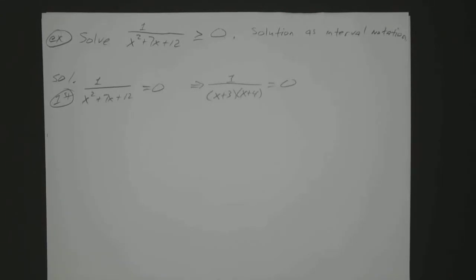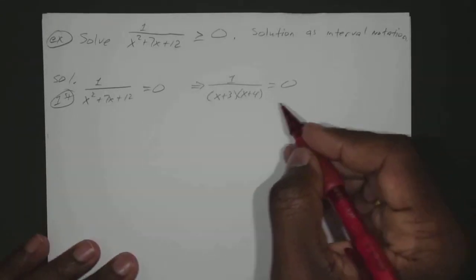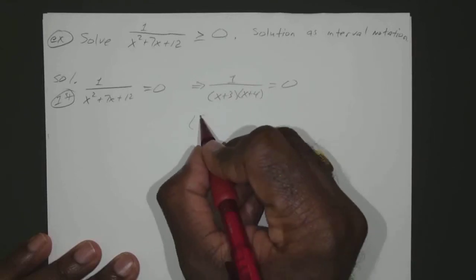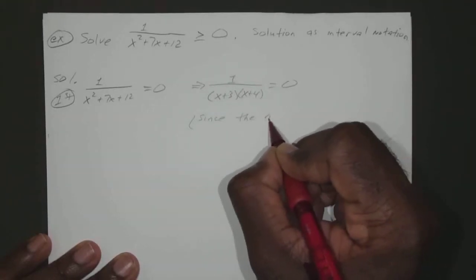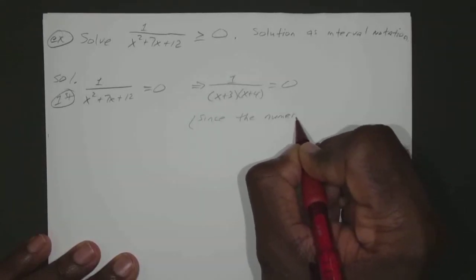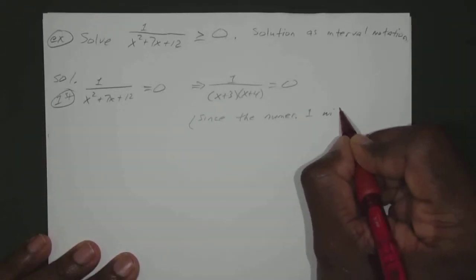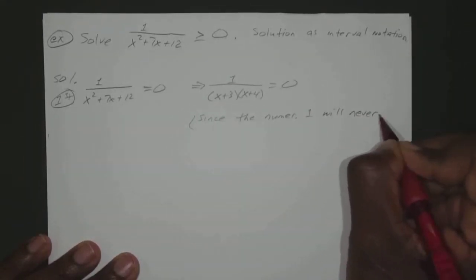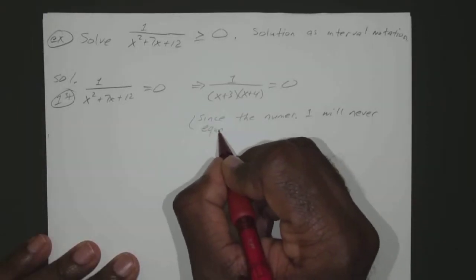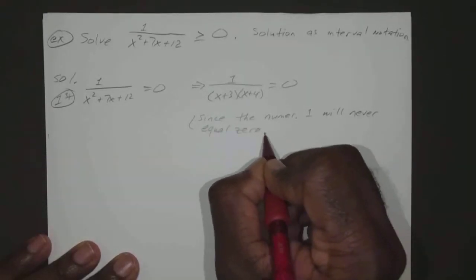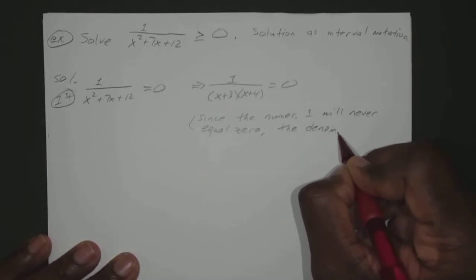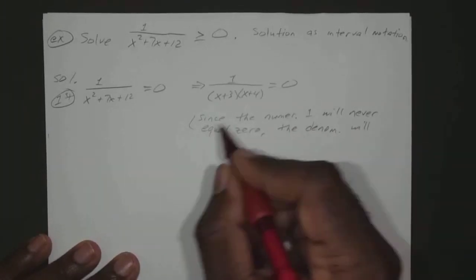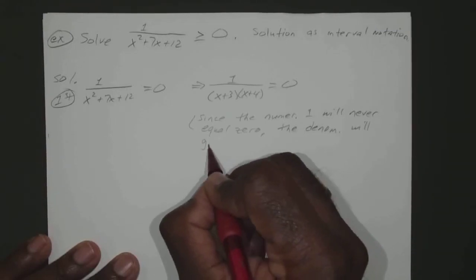Like I said before, 1 will never equal 0 since the numerator, 1, will never equal 0. The denominator will give the only critical points.